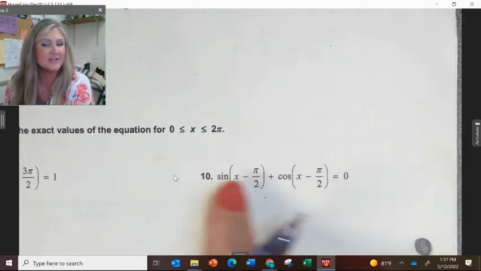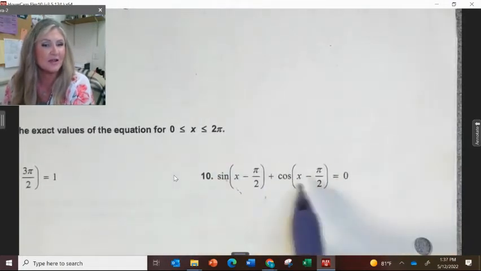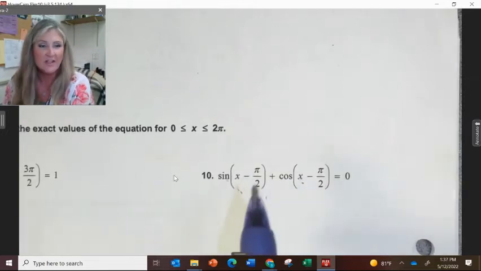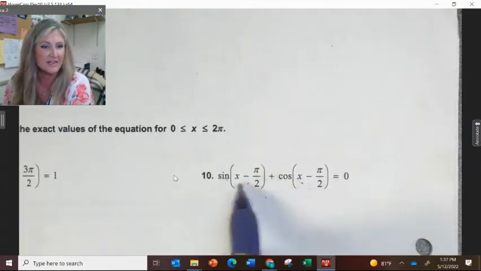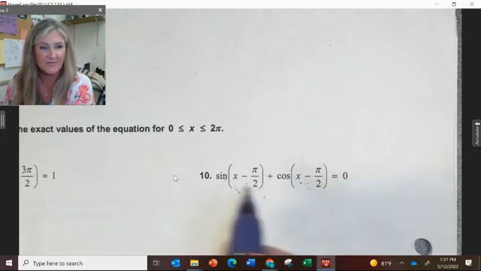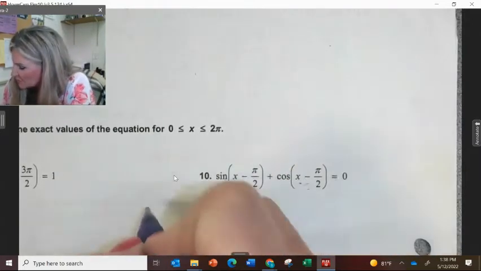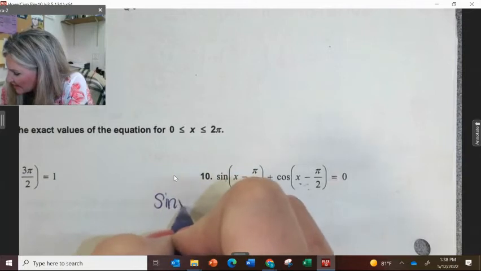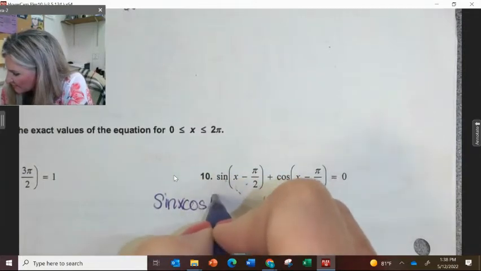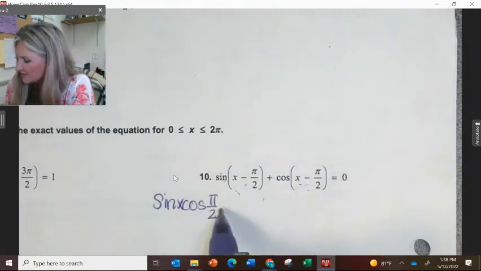This is going to be pretty challenging because we have two differences in here that we're going to have to simplify. All right, so watch. On this one, this is going to turn into sine x cosine pi over 2. Is it going to be minus or plus?